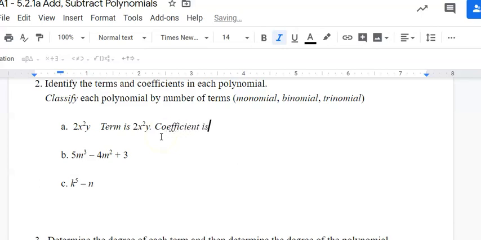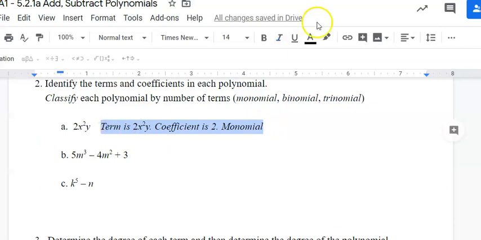Well, the coefficient is just the 2. So it is the number in front of that term. It's the first thing that's written. Then next, classify by the number of terms. This is a monomial because it only has one term. There's no pluses and minuses separating anything, so it's just one term.